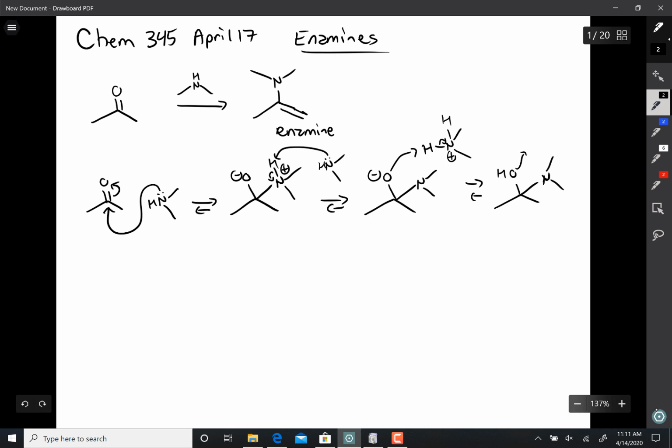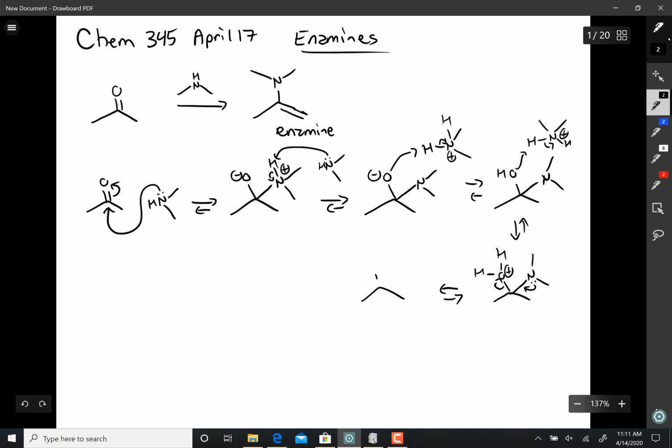And then that OH gets protonated. So far, the mechanism is just like imine formation. Protonate the OH to make it into a good leaving group. And then have the neutral nitrogen swing its electrons down and kick off the water.